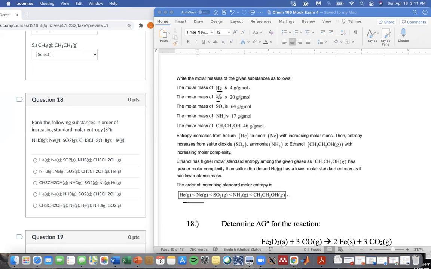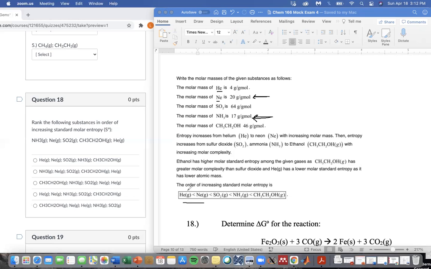But it might start to get tricky with neon and NH3. You have to think, not only do I have molar mass to consider, but I also have to consider complexity, because NH3 has 4 atoms as opposed to neon being just one atom. Even though NH3 has a smaller molar mass than neon, it actually has more standard molar entropy.